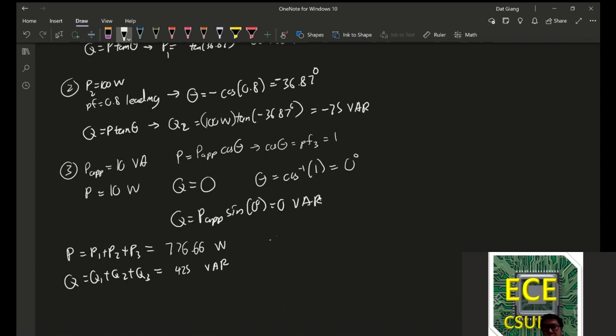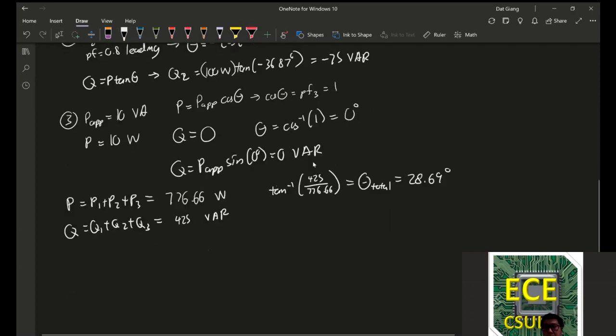From here, we just find the angle. So we have 425 divided by 776.66, and this returns us our total angle. Once we do that computation, we should get about 28.69 degrees.